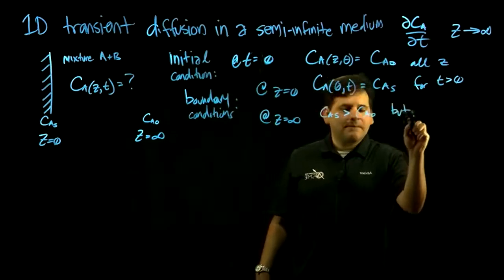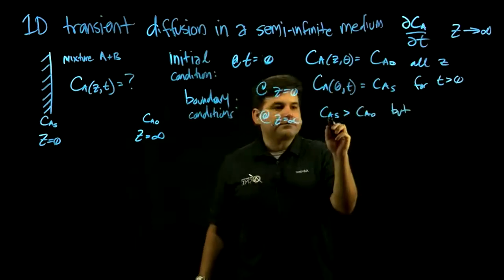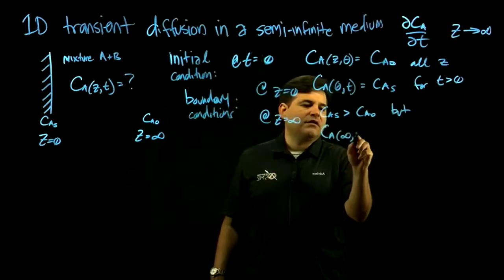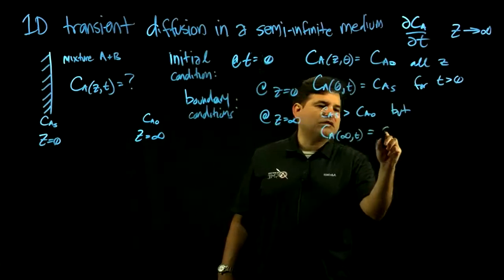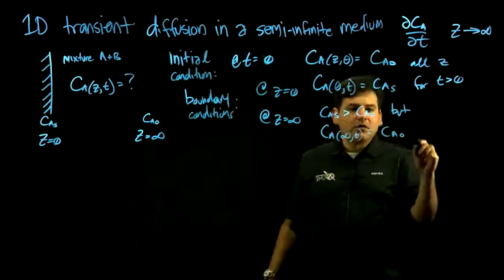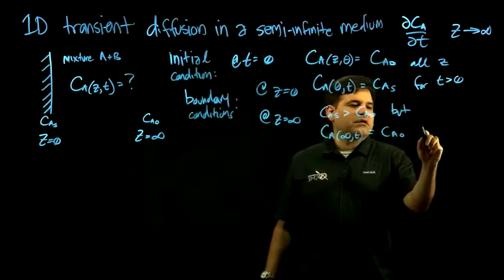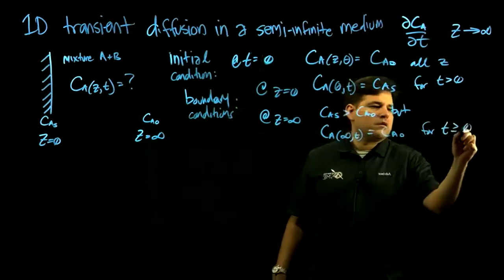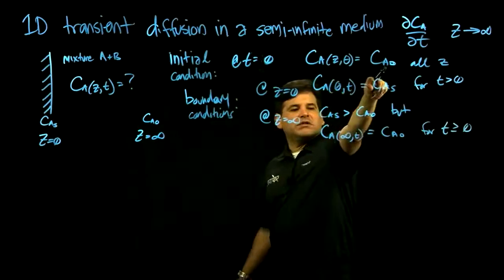But CA at infinity for all time equals CA0 for all t, including 0, that's the initial condition.